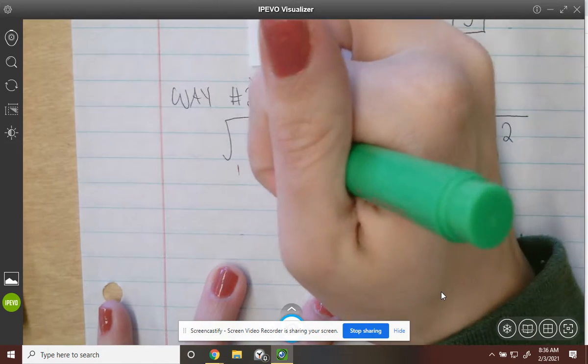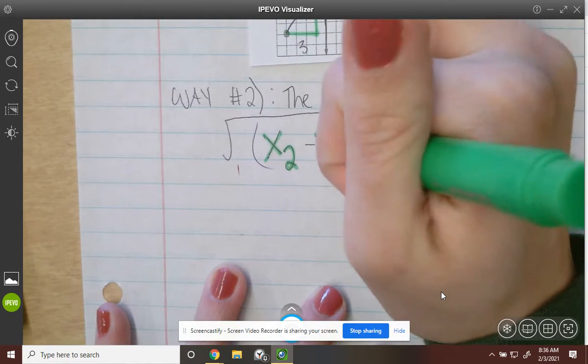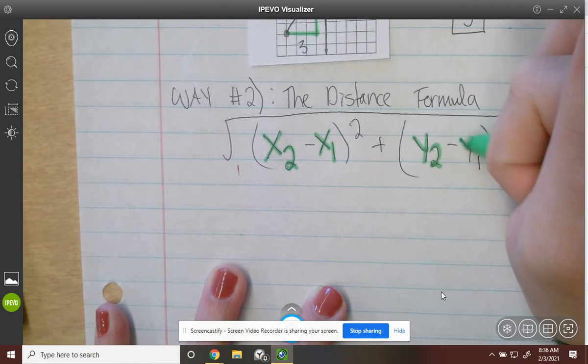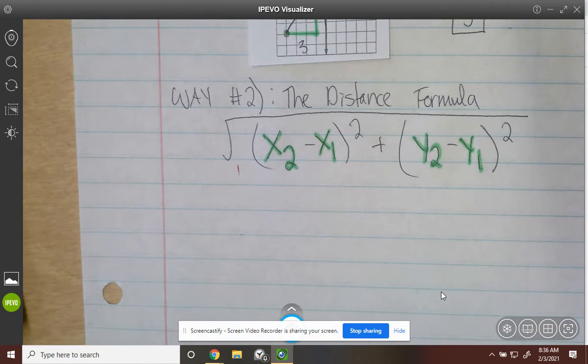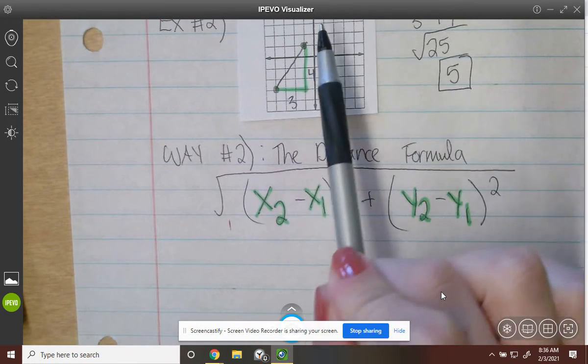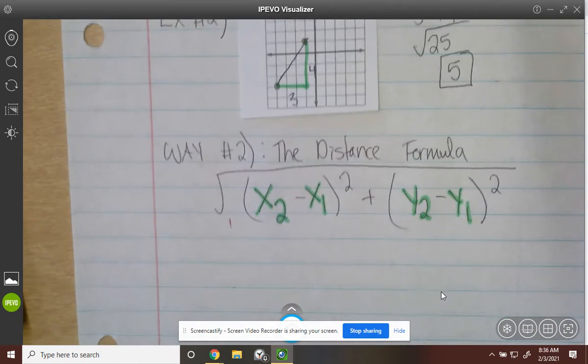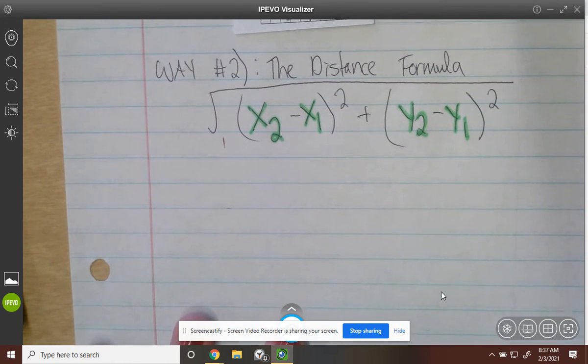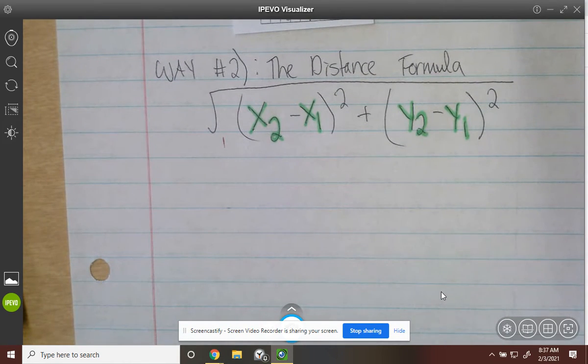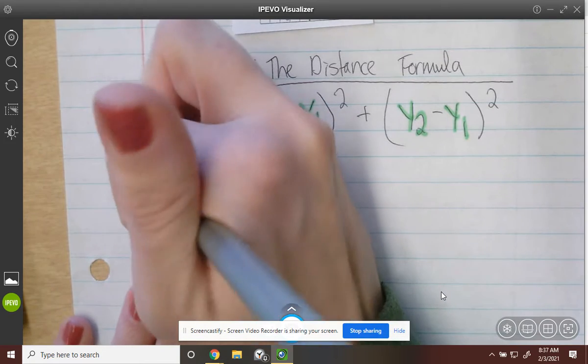The only things that you're plugging in are the numbers. And you've seen these x1s, x2s, y2, y1s before whenever we were doing slope. It's the same thing because essentially this is the slope of a line as well. Okay, so let's just jump into our first example.